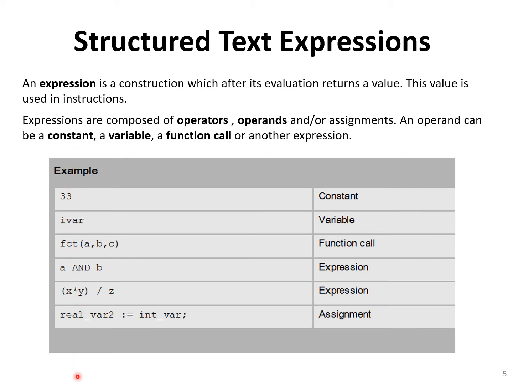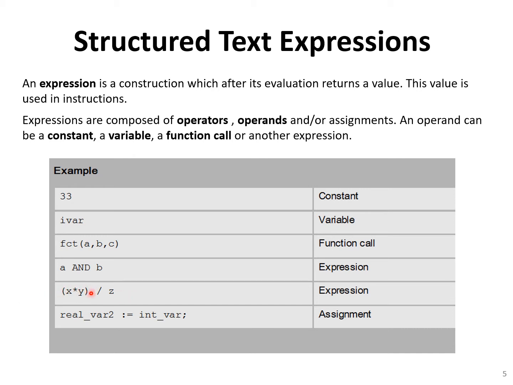So here we have a few examples. For example, 33 is a constant, ivar is a variable, fct is a function call, a and b is an expression.